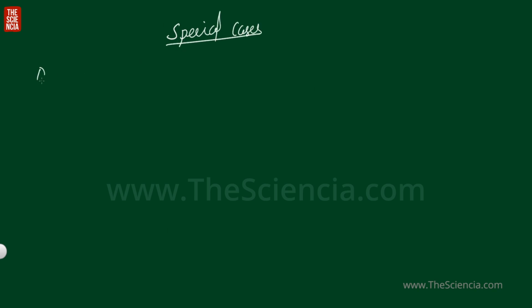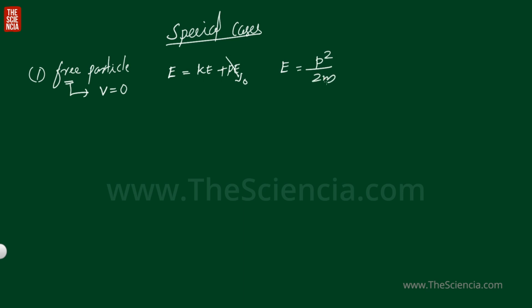First one is the free particle. So we want to find out the Vp and Vg of a free particle. I told you the meaning of a free particle, that is, potential will be equal to 0. Therefore, we know the total energy E is equal to kinetic energy plus potential energy. But for the free particle, potential energy is 0. Therefore, here energy is equal to kinetic energy, and we know the kinetic energy is equal to p square by 2m.